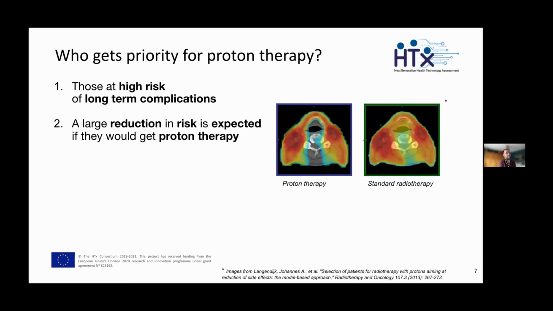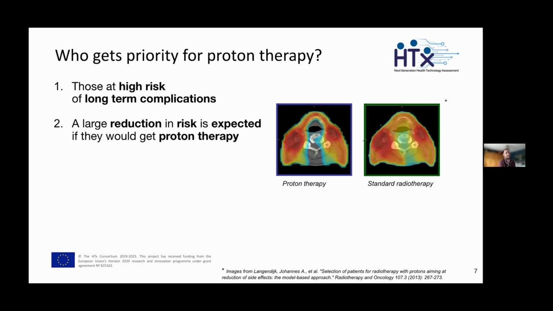facility or device. So in the Netherlands now, there are currently 3 locations where proton therapy is provided, and those locations are chosen such that everyone in the Netherlands is somewhat in close proximity to a proton facility. I mean, the Netherlands is small.